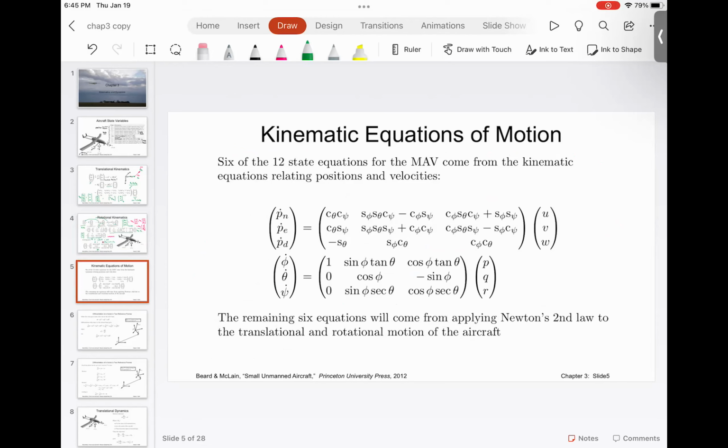We have the translational velocity, and we have the rotational velocity. It is extremely important to note that these 3 are measured by the sensors on the aircraft.